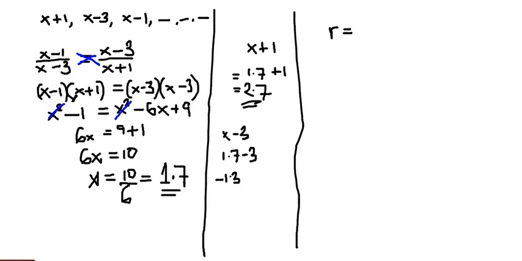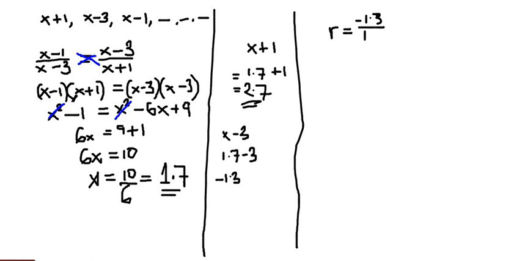So to get our common ratio, we need to divide negative 1.3, which is the second term, by the first term.